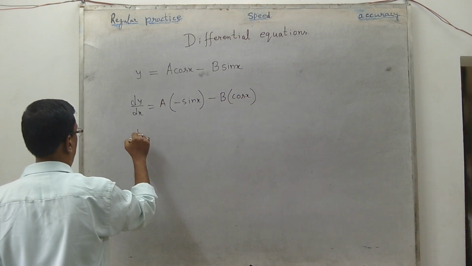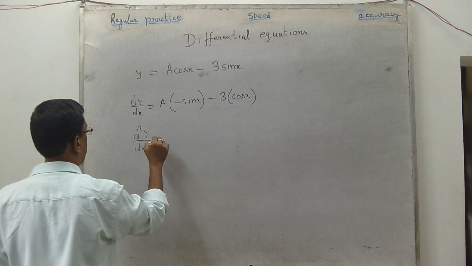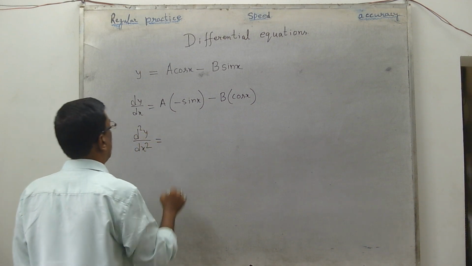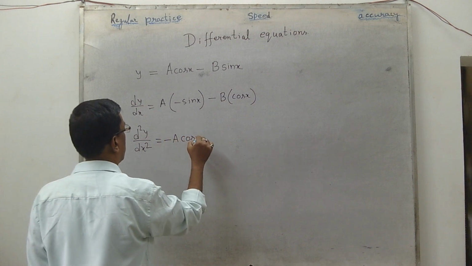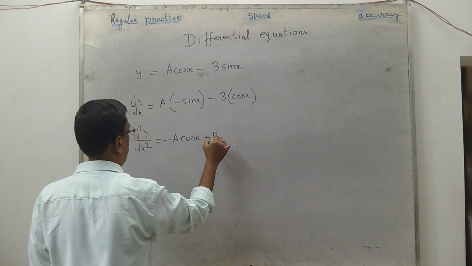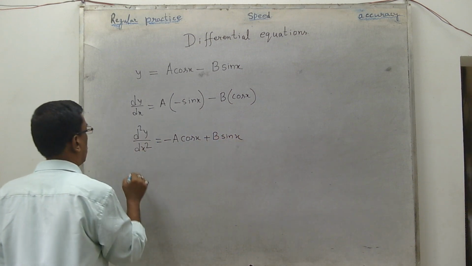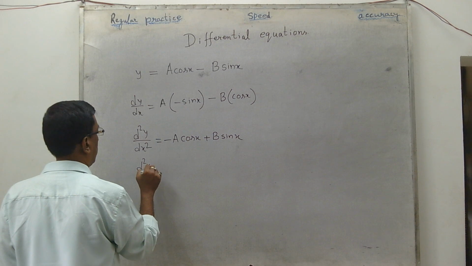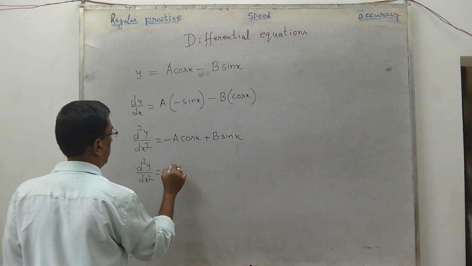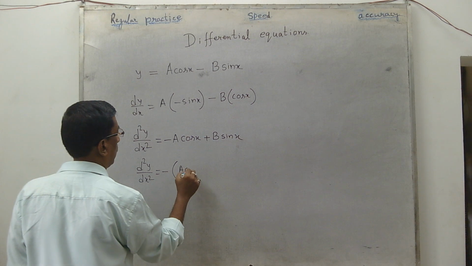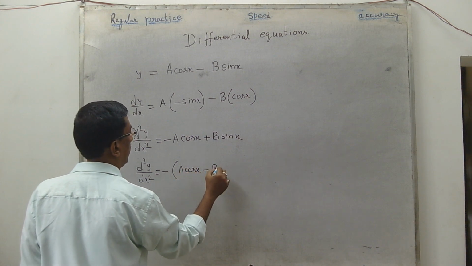Again, d square y by dx square equals minus A cos x plus B sin x, which is minus A cos x minus B sin x.